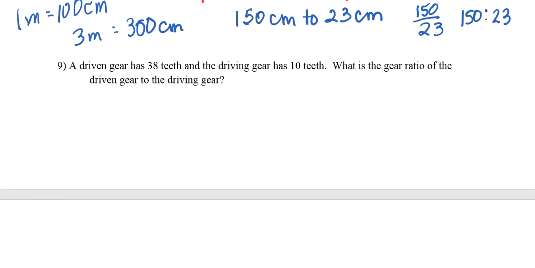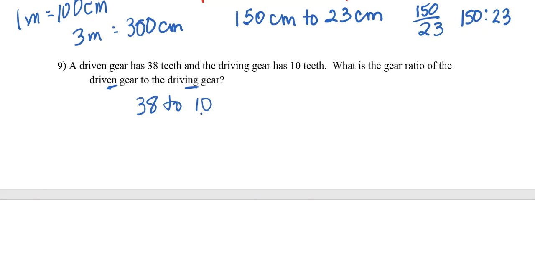A driving gear has 38 teeth, and the driven gear has 10 teeth. What is the gear ratio of the driven gear to the driving gear? That's a mouthful, this whole driving. So they went driven, and then they went driving second. So 38 to 10.